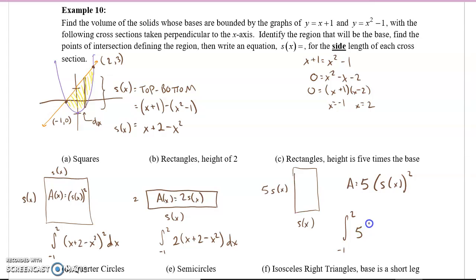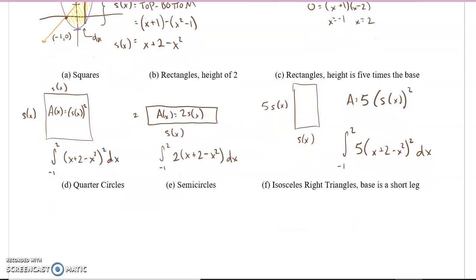We'll have a 5, and then we'll have our x plus 2 minus x squared will be squared this time, right? Because our height is not a constant, our height is changing as our base changes as well. Okay, so you'll notice that this integral right here is the same as our first integral with the square, except we've got a constant factor of 5. So this answer will be 5 times bigger than the answer from part A.